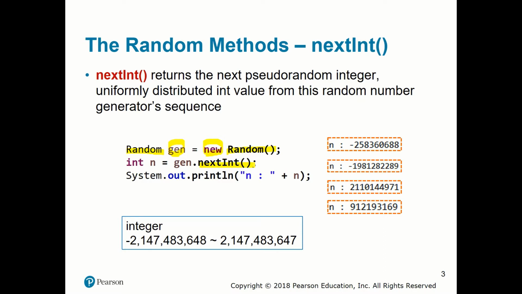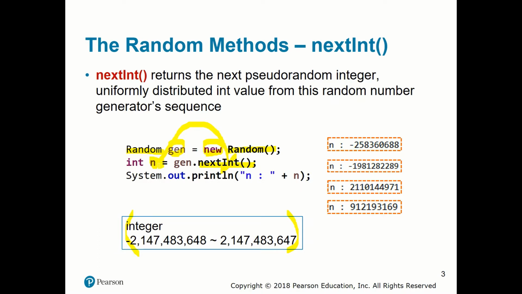Since this is the range of integers in Java, any number between these two numbers can be created. A random integer is created and returned to this place, and then we store this value in n.